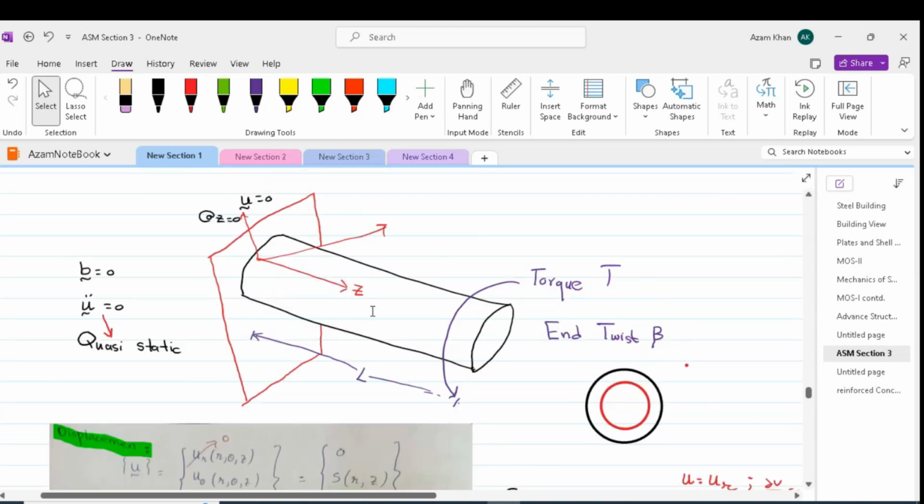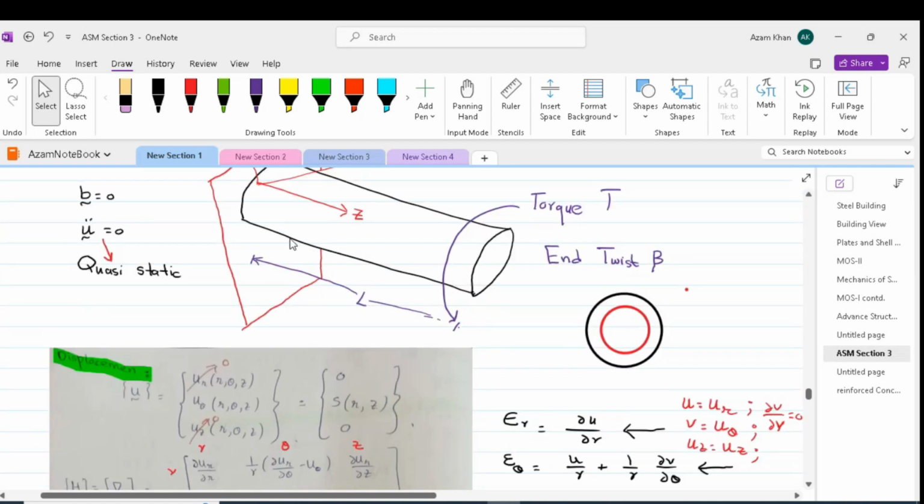In the case of this cylinder, where we have applied torque T at the end at a particular distance z from the origin, the angular displacement u theta will be 0 at the center of the cross section and will keep on increasing linearly.